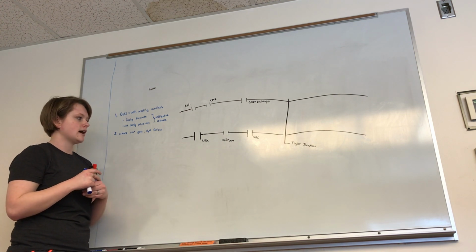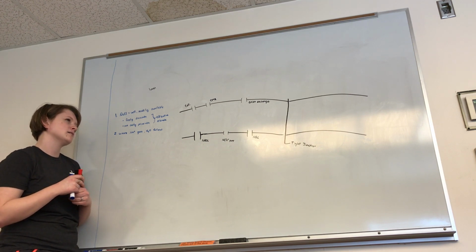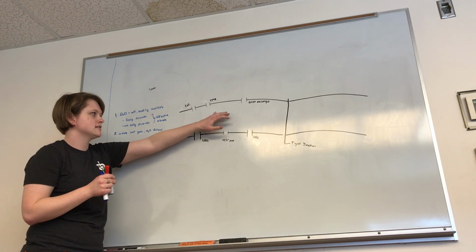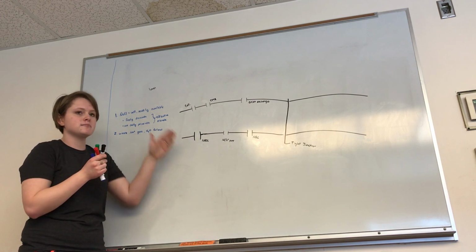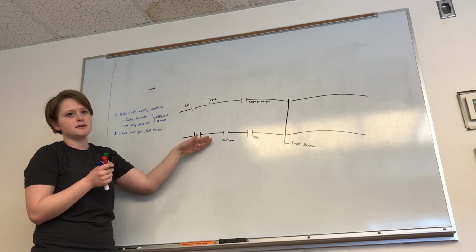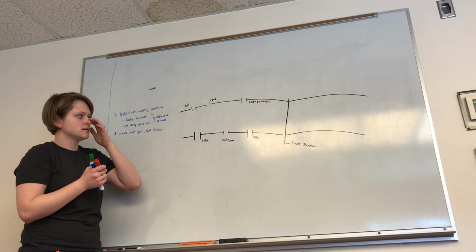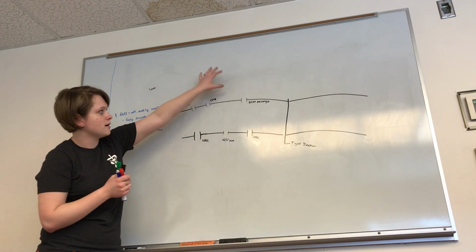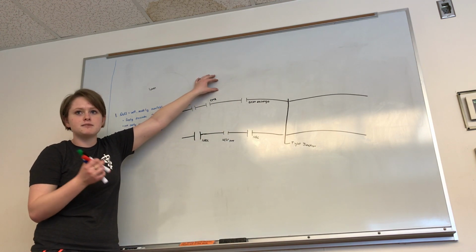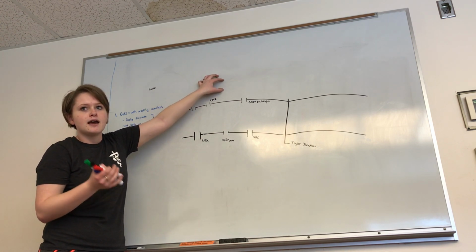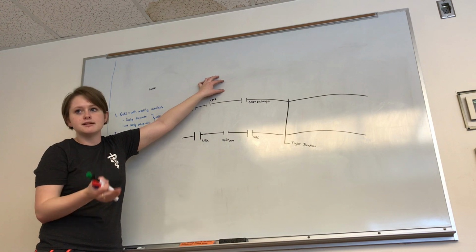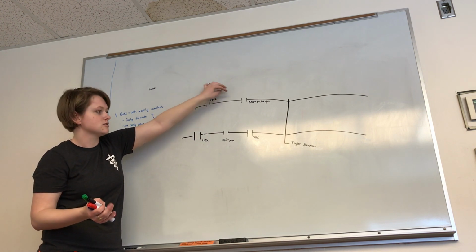So our cell has to maintain a gradient, and that means we pump sodium out and we pump potassium in. We want to end up moving water to our lumen because it needs to be fluid enough so that all the proteins and good stuff in the saliva have some sort of liquid to be dissolved in. There needs to be a suspension.